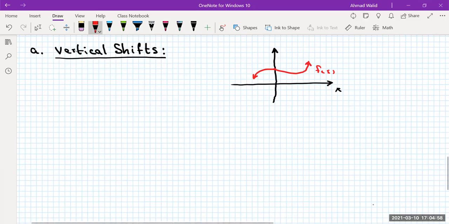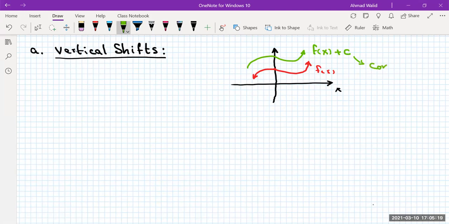How many units? For example, if I draw the same shape at this point, I will name this function f of x plus c. C is a constant, correct? It's a number.